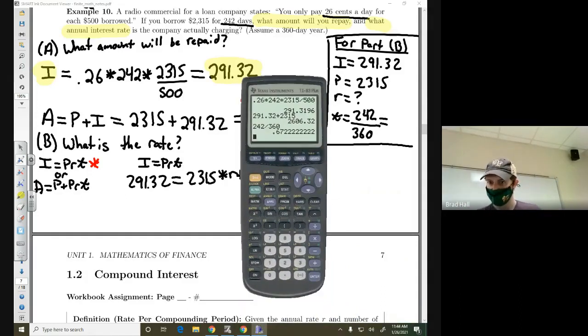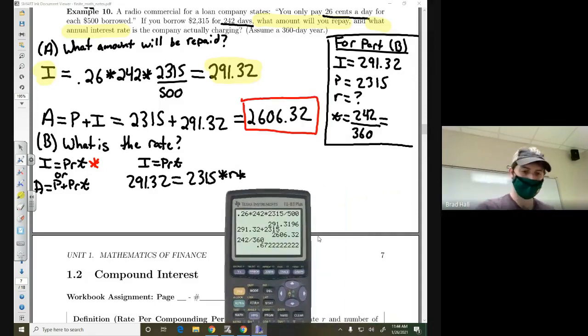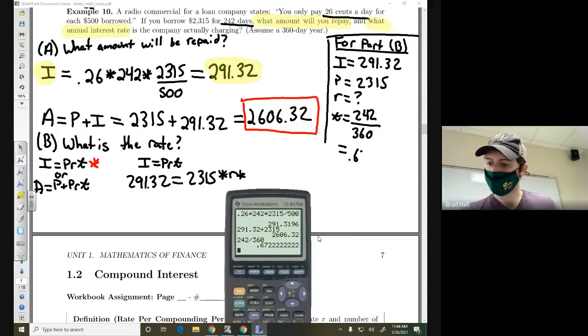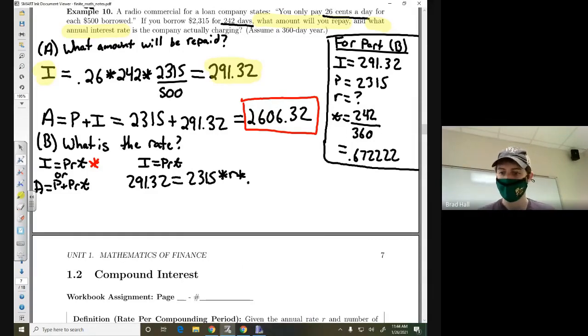242 divided by 360. Get this out of the way. Make a little bit more room. 0.672222. You can put as many twos as you desire, or use the ANS command, whichever one you feel more comfortable with. And so that tells us exactly what to put right here. 0.672222. And this problem now works out just like the previous problem did, the same exact way.